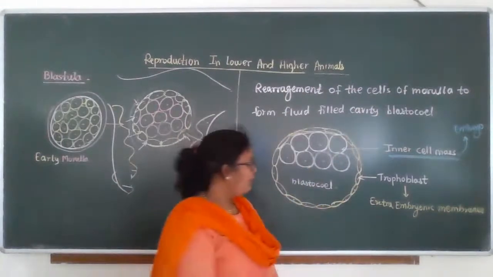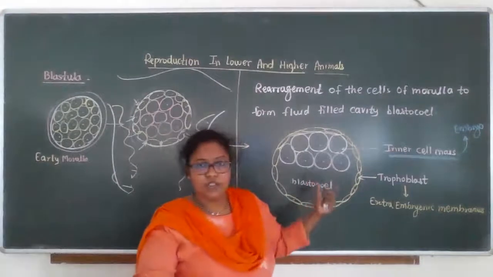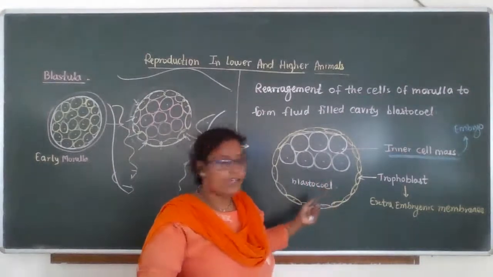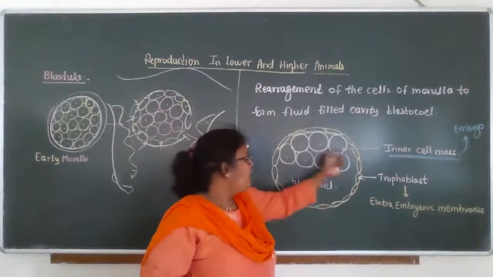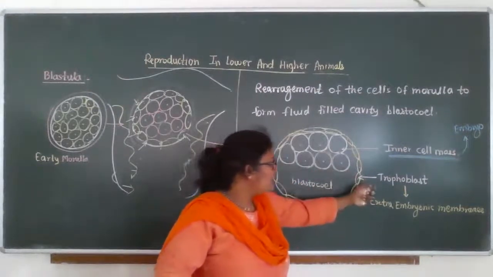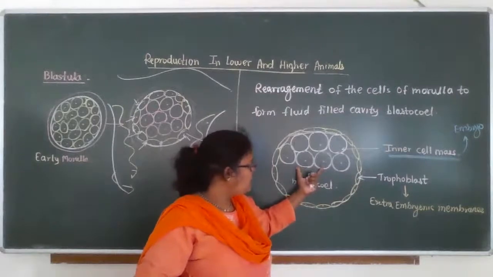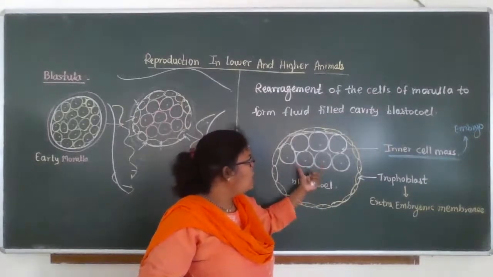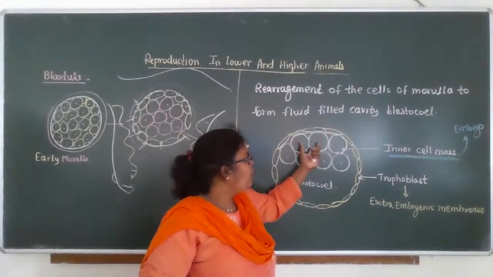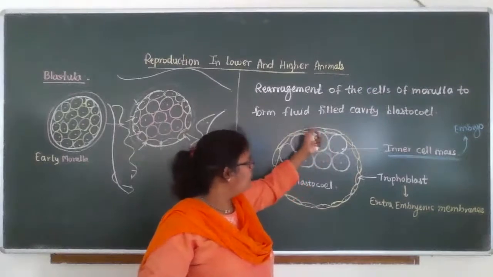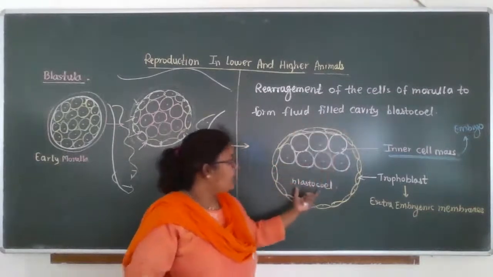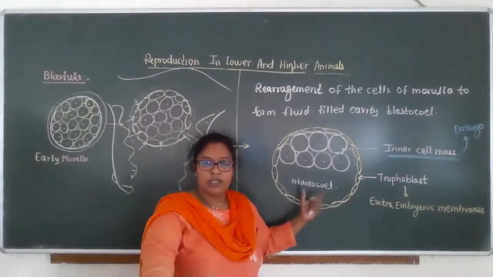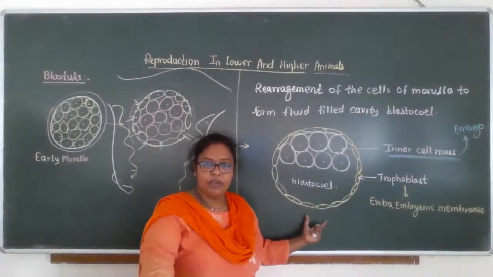Clear? So, related with the blastula, it is simply a rearrangement of the cells of the morula to form an outer layer called the trophoblast. The cells present on the inner side move upward and glue together to form the inner cell mass, having a cavity called the blastocyst, and thus the blastula gets formed.